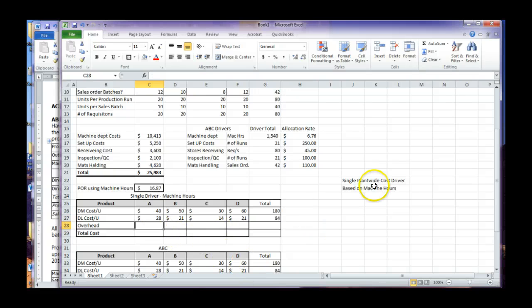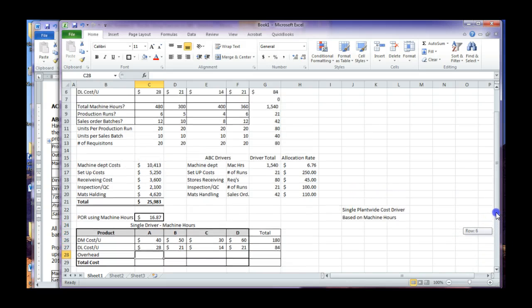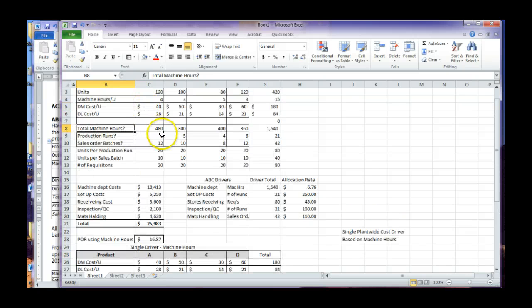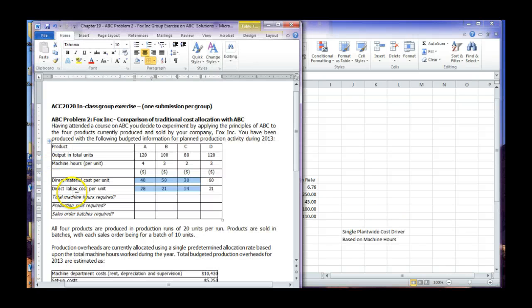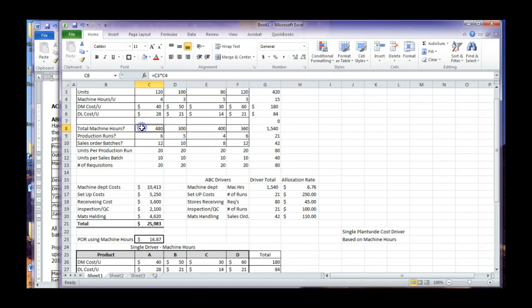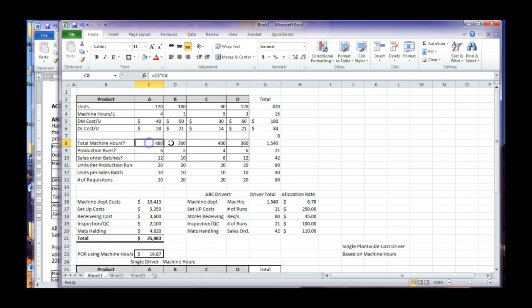Well, for the overhead, here's where we may run out of room. Let's see. Where's my machine hours? Right here. Total machine hours. Remember this, the first thing we calculated, it was right here. Total machine hours required. See, the reason why he made you calculate those, and these are your 4 products, A, B, C, D. There's your total machine hours.